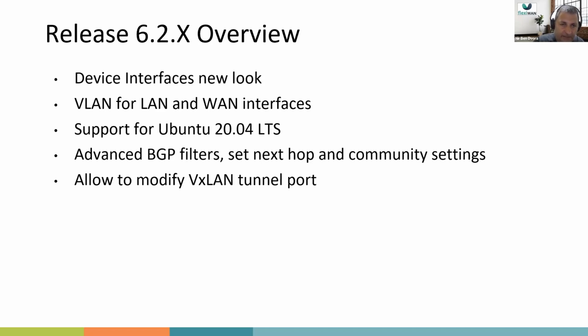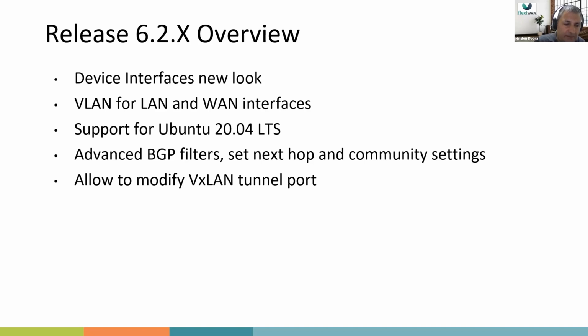We also added advanced BGP configuration, like filter, set next hop, and community setting, and allowing to modify the default VXLAN port. We use port 4789, which is the default VXLAN port, but we found that some service providers are manipulating this port, and sometimes the packet is not received correctly at the end.